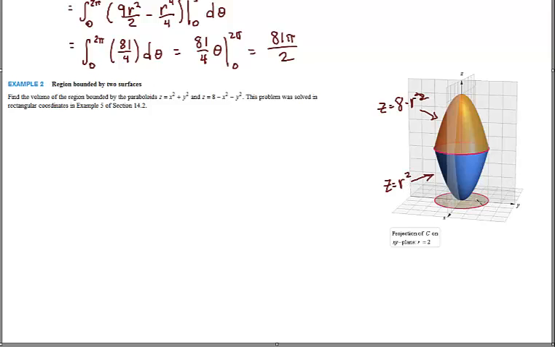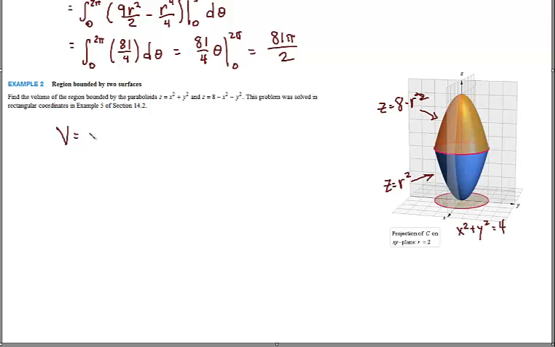For my limits of integration, I need to see what my r ranges between. It'll range between 0 and this projection here, and if you'll recall, that intersection was x squared plus y squared equals 4. We did that in example 5 of 14.2.